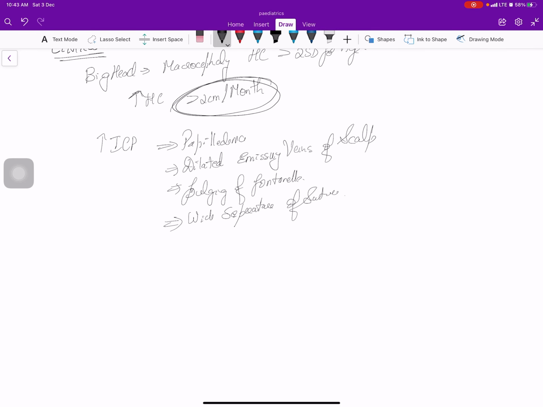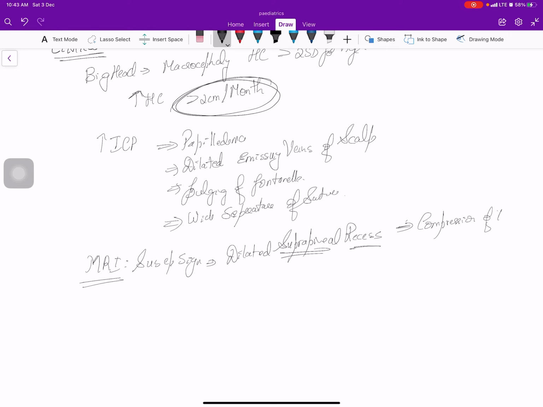On MRI we have something called a sunset sign. This is due to a dilated suprapineal recess, which is nothing but compression of the tectum of midbrain.